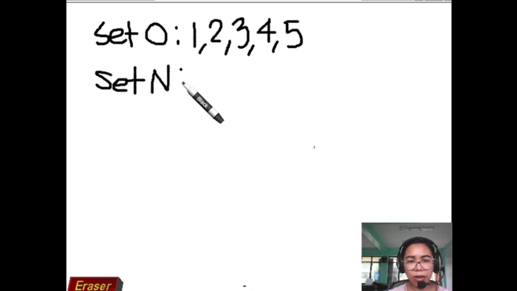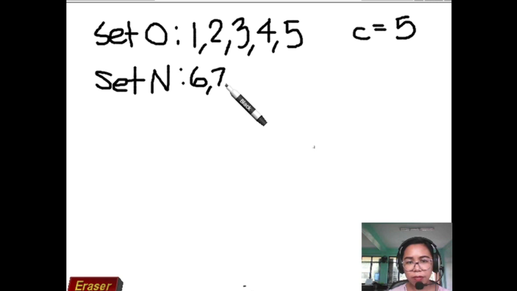Let's say we add the original set with a constant value, which is 5. Okay, so this becomes 6, 7, 8, 9, and 10.